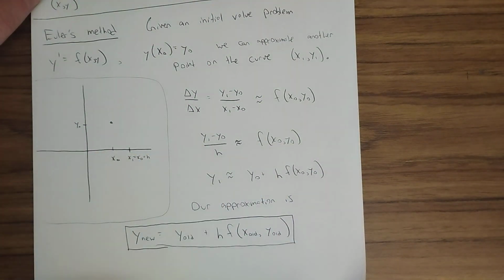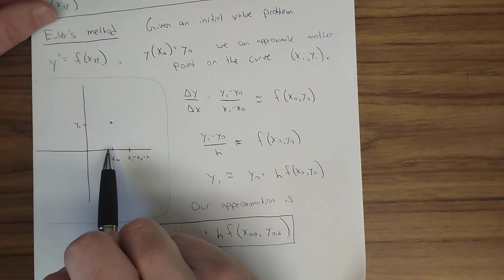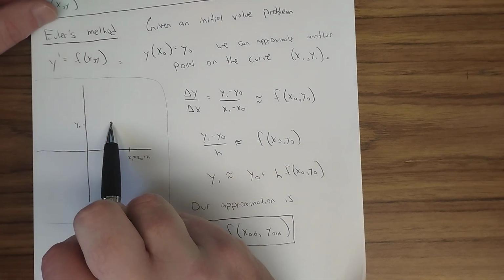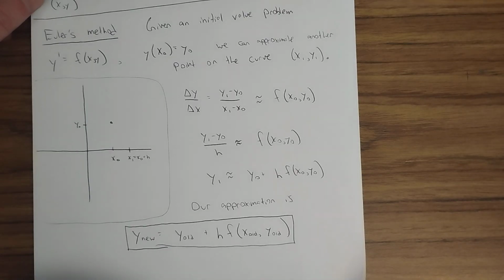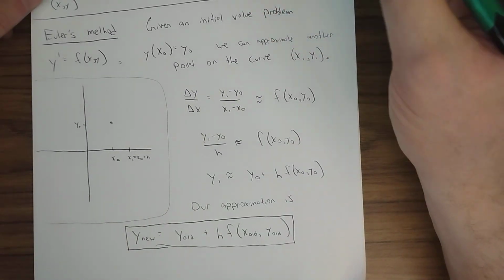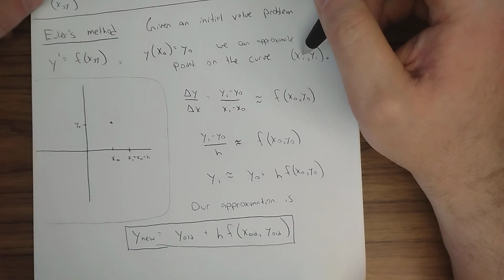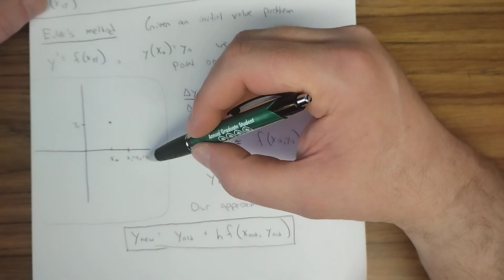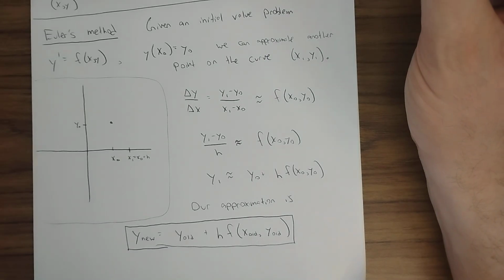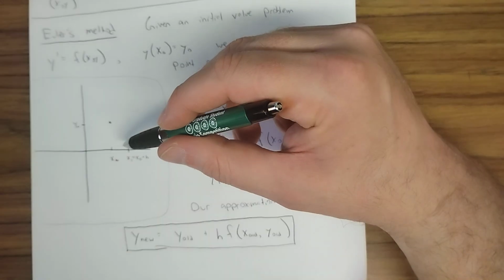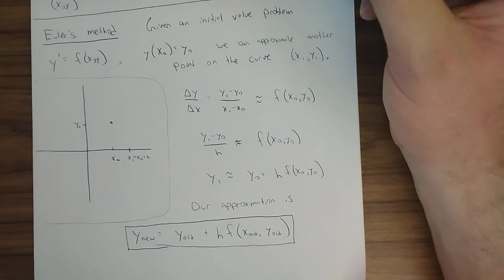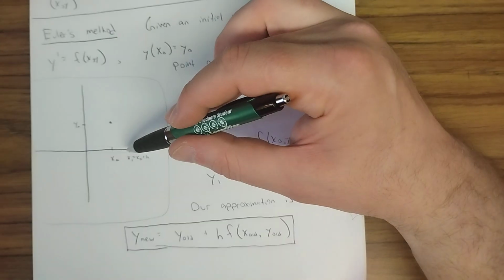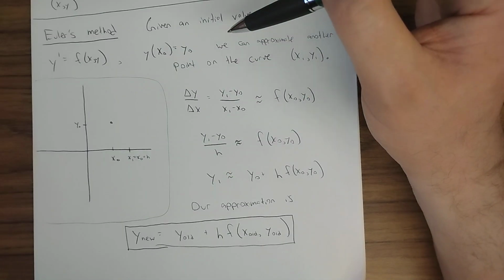I drew a picture here. We know that our function goes through this point, x naught, y naught. I'm going to say that x1 is somewhere nearby, like x naught plus some small number h. What I would like to do is approximate the y coordinate that goes with x1.